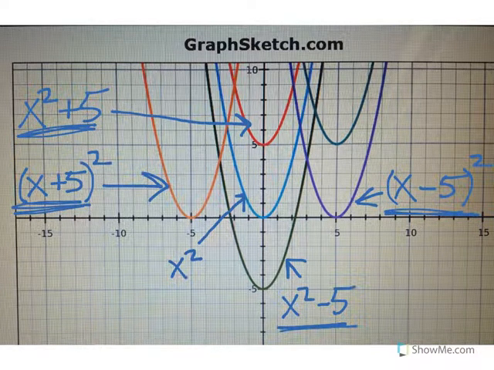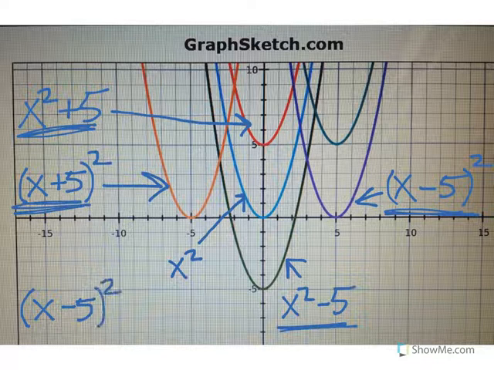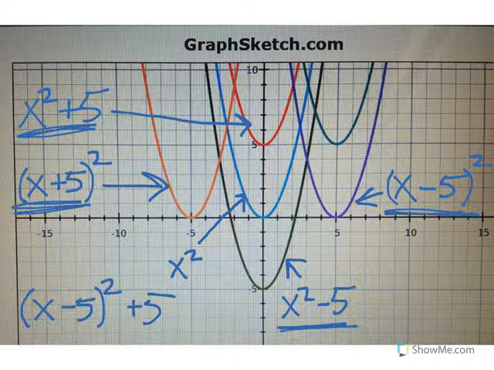So then I tried, what if I combine them? I'll just write it down here because there's more space. I did y = x minus 5 squared plus 5.